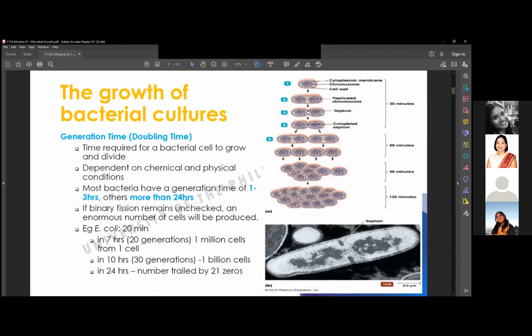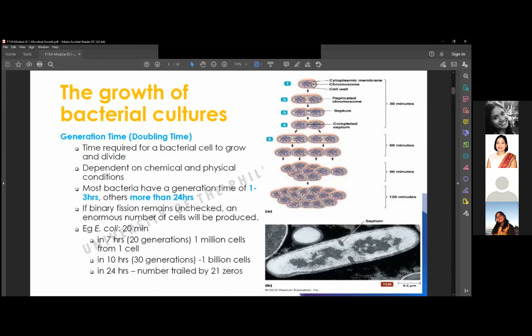Most bacteria have a generation time of 3 hours. Others have 24 hours. There are other microorganisms that take more than 10 days to double their number. Okay? So our example is E. coli.